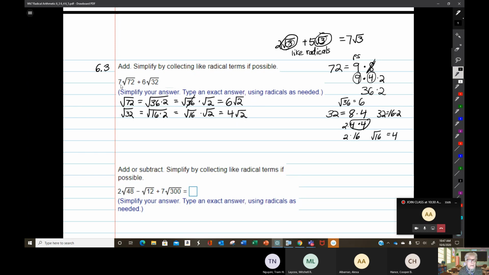So now, since the problem is 7 times the square root of 72, that means I've got 7 times the square root of 72, which is 6 times the square root of 2. So I've got 7 times 6 times the square root of 2 plus 6 times the square root of 32, and the square root of 32 is 4 times the square root of 2.